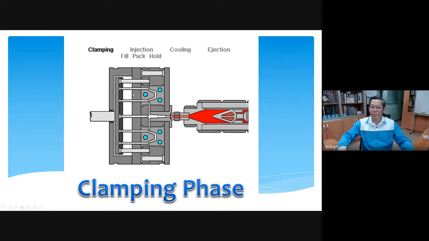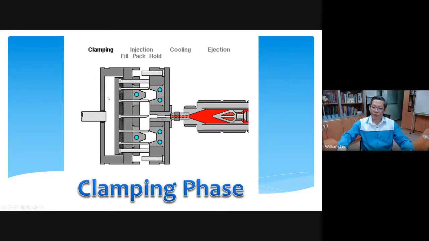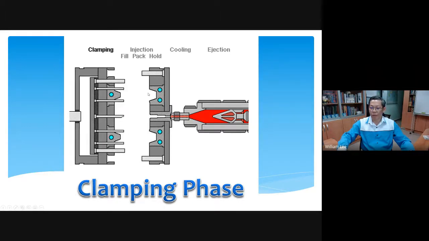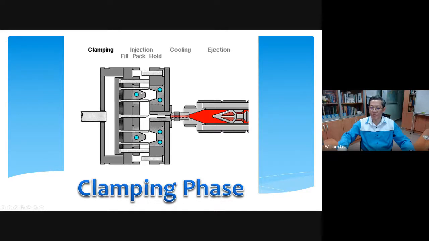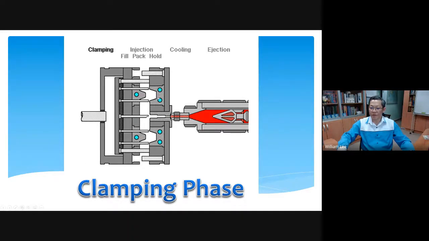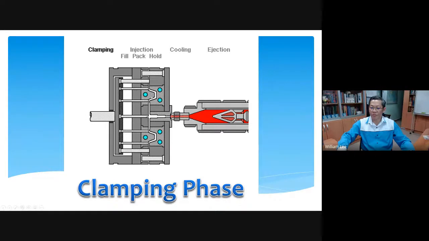Some people call this the B half, or some also know it as the core side. Core means the mold is where you have the features that project out. Whereas on the A half side, this is a cavity. The cavity is a recessed area, whereas the core is a projected area.